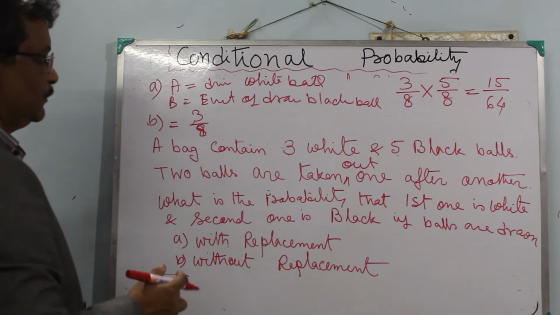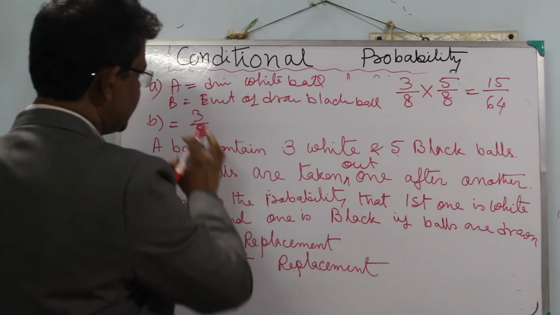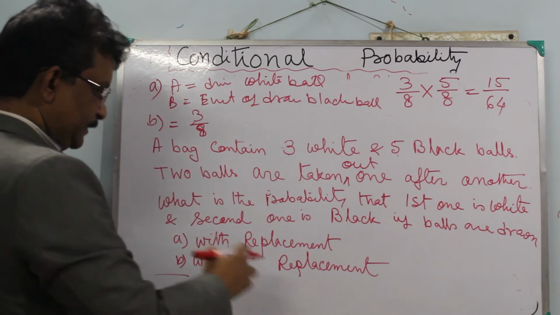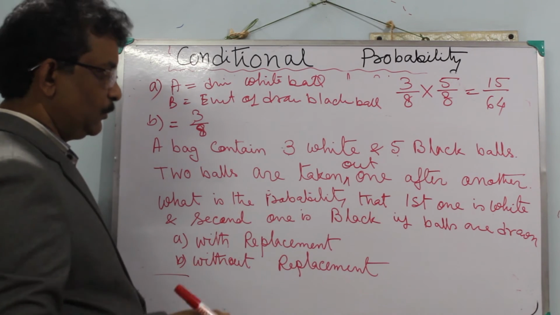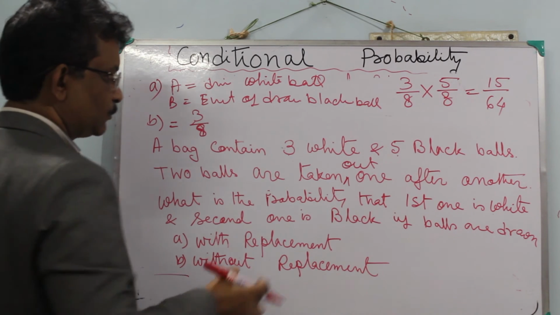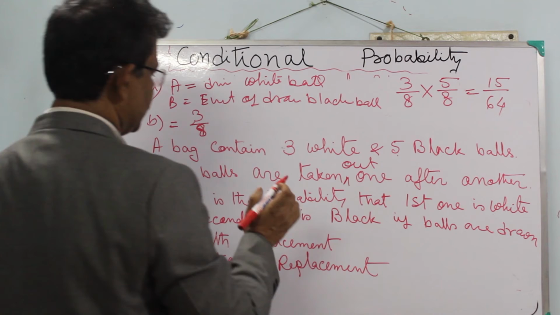So drawing the first ball white is 3 by 8, and it is without replacement. And now when we are drawing the second ball, the total number becomes 7.